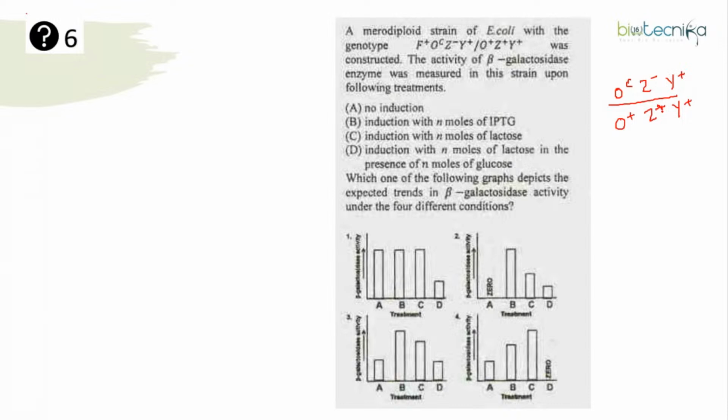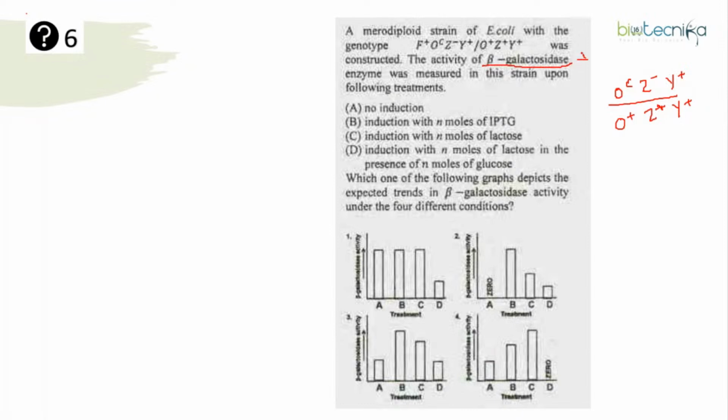Okay, Malini is saying option 2. I'm waiting for others also. I'm giving you time. Try it yourself, this is very interesting. So take every situation. First, analyze a general situation. Understand you have to find out the beta galactosidase activity.